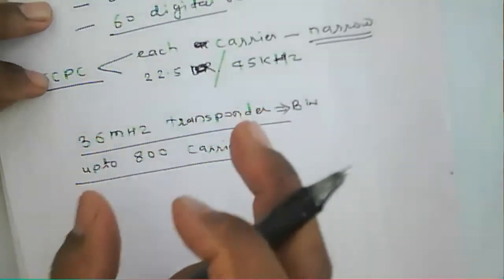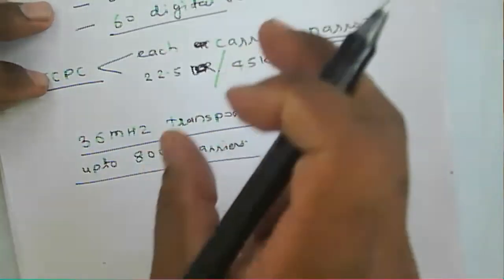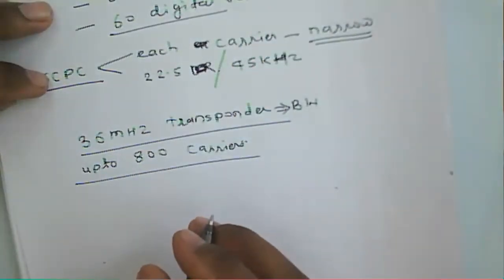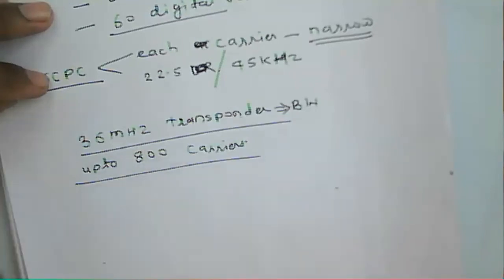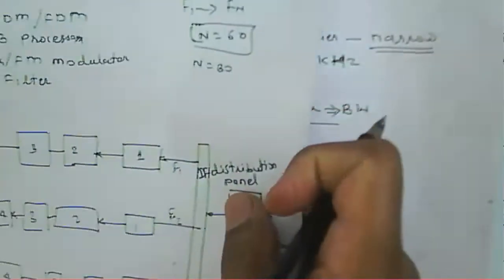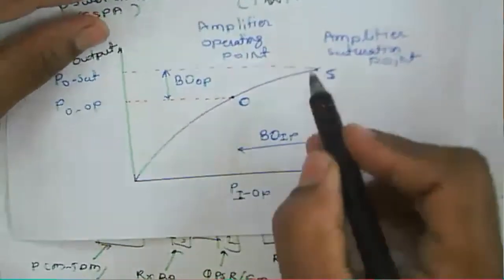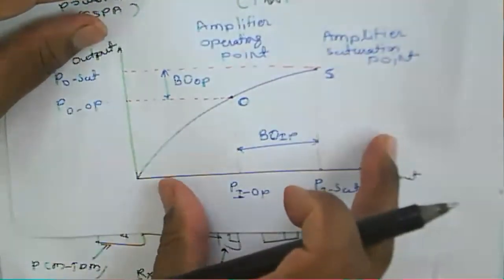But the transponder power is not adequate for these 800 carriers. Again, that issue comes because the total input power, we can consider, is operating in the linear region.